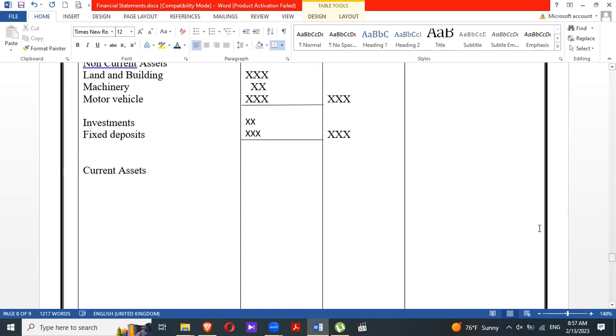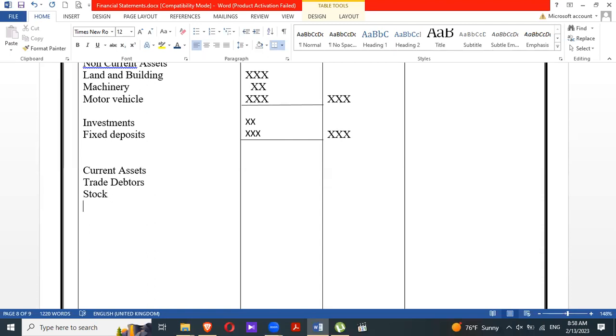Okay, now you can write under the current assets. What are the current assets here? Let's write some. Trade debtors come under current assets. Then stock comes under current assets.